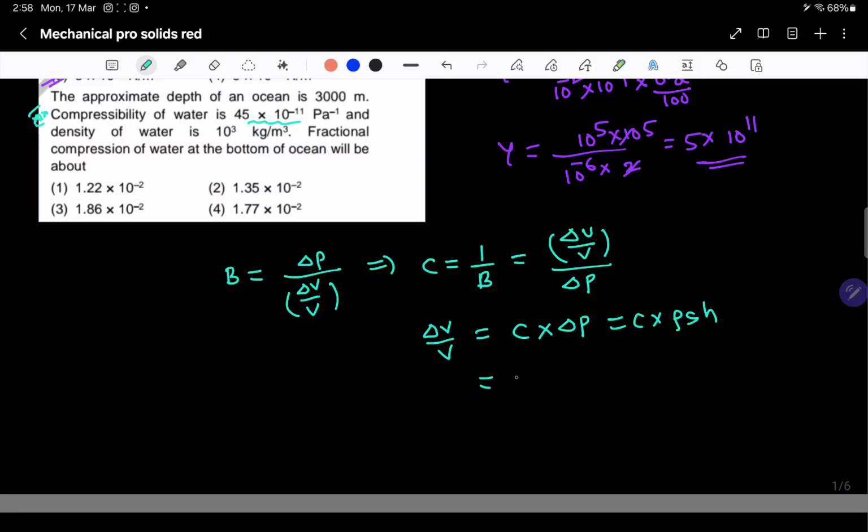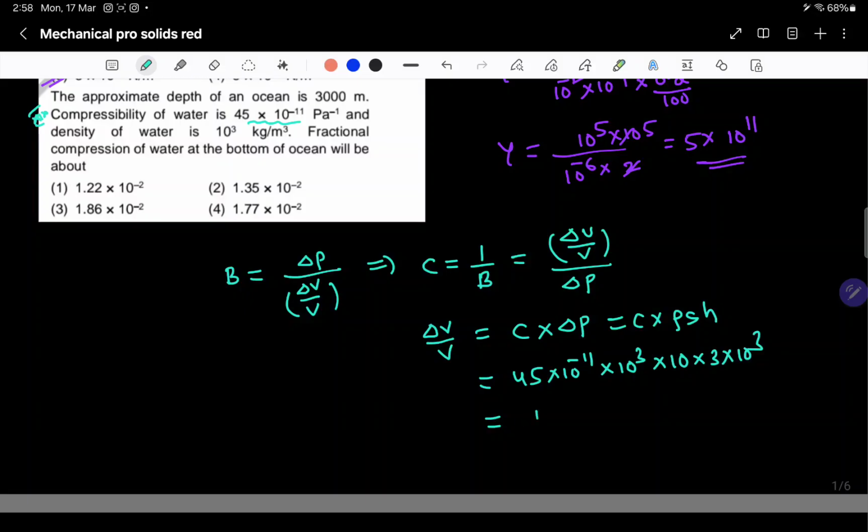So C compressibility given 45 into 10 power of minus 11. G acceleration due to gravity, density 10 power of 3, acceleration due to gravity 10, height is given 3000 meters. So that means 3 into 10 power of 3. So 45 into 3, 135. Now here 135 related second option is given.